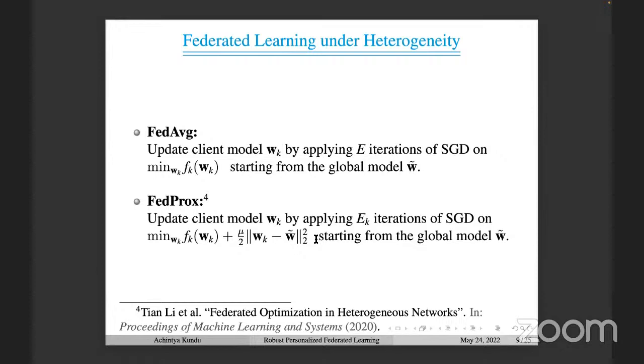This solves some of the convergence issues which arise because of the non-IID-ness of the data. But here we are still learning a single global model which should work across the board.